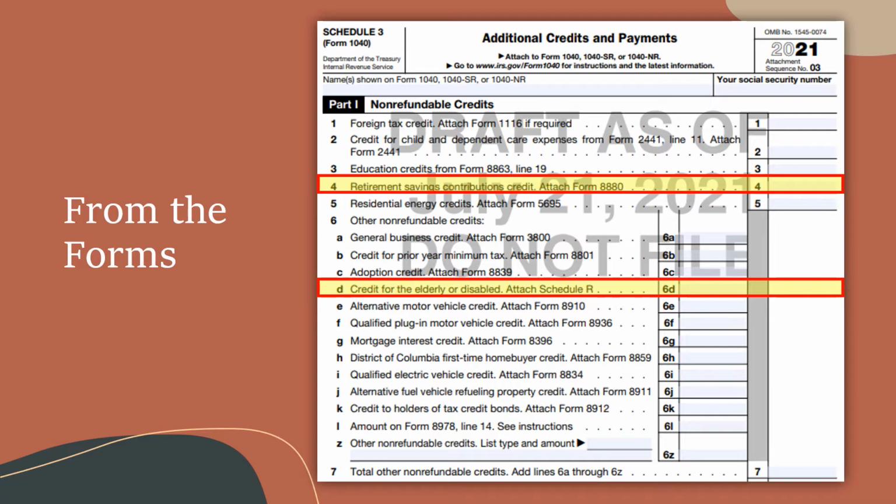In this lesson, both of the credits that we're going to be talking about are non-refundable credits, and they flow onto the return through Schedule 3, our additional credits and payments in Part 1. Line 4 is the retirement savings contribution credit, and line 6d is credit for the elderly or disabled. And you'll see that both of those have another form that will be attached.